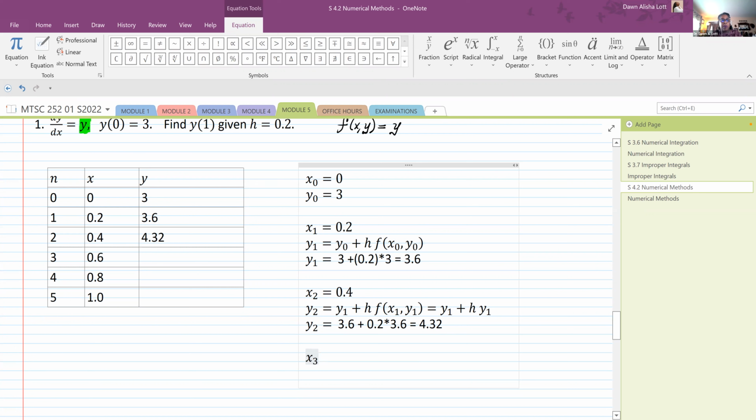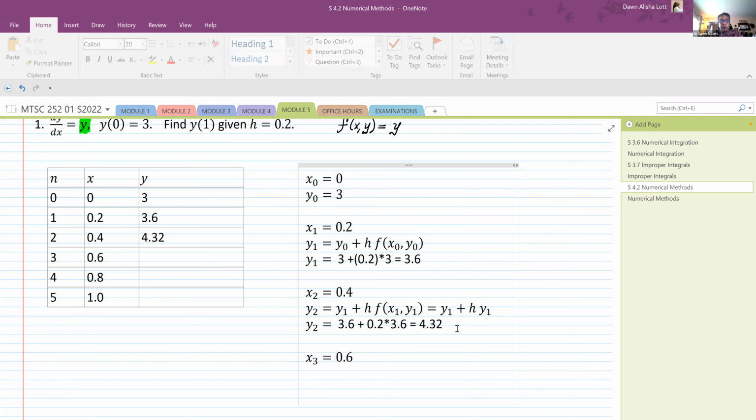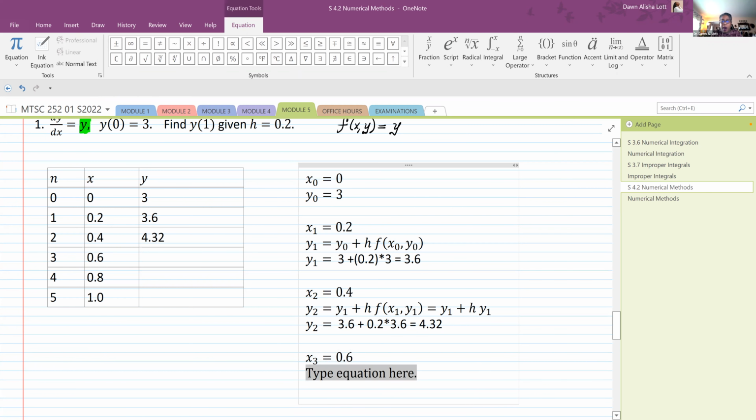X3 is 0.6. Y3 is going to be y2 plus h times y2.